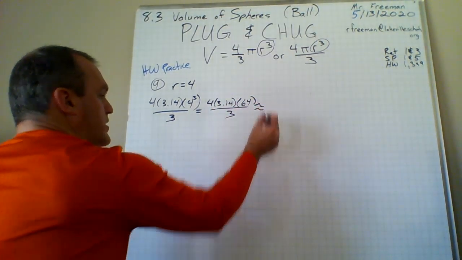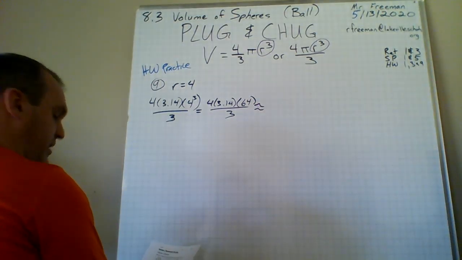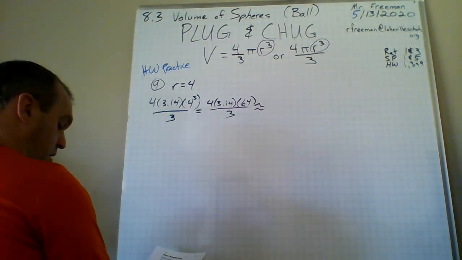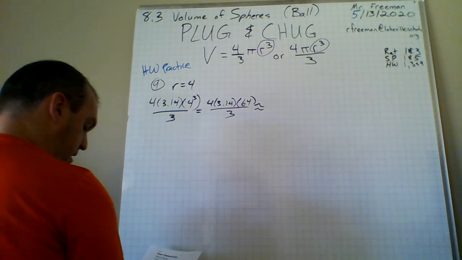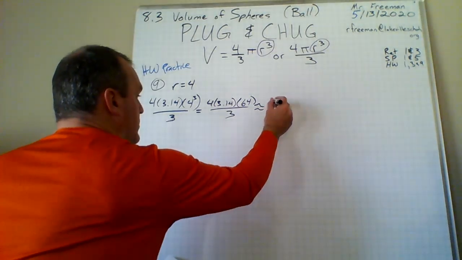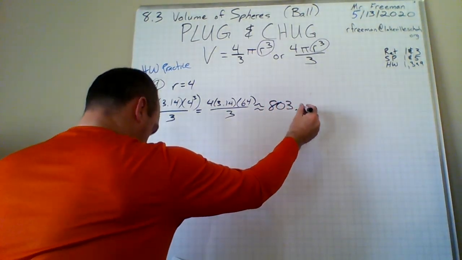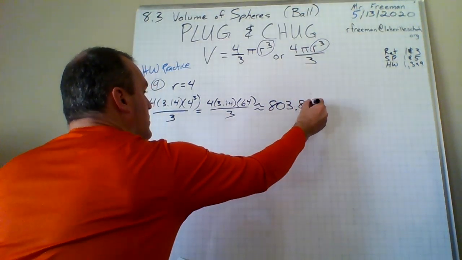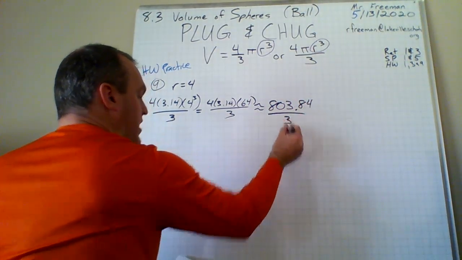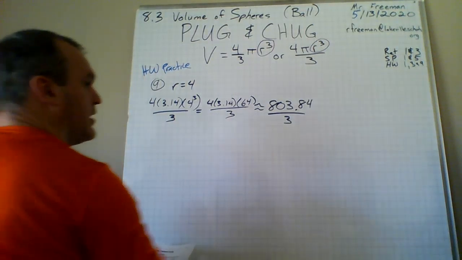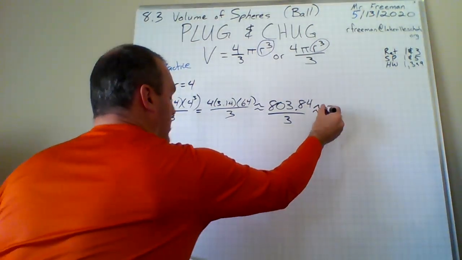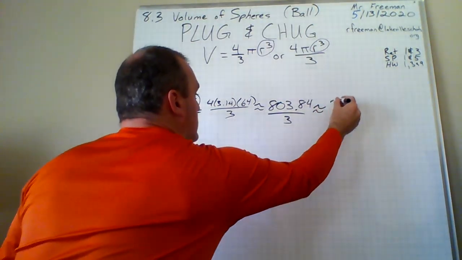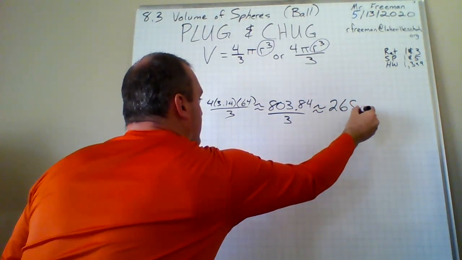Okay, we're going to get into some decimals now, so I'm going to try to start using my squiggly equal sign. When you multiply those together, I got 803.84. And we're going to divide that guy by 3, remember? And when you do so, you get roughly 218.68.